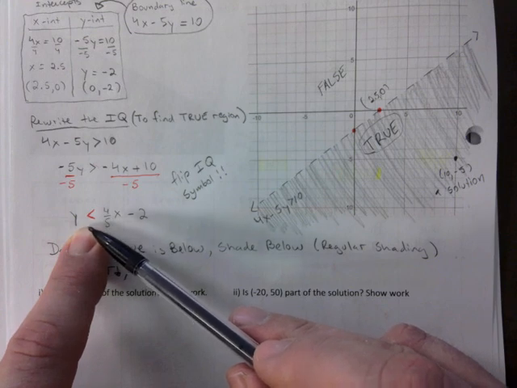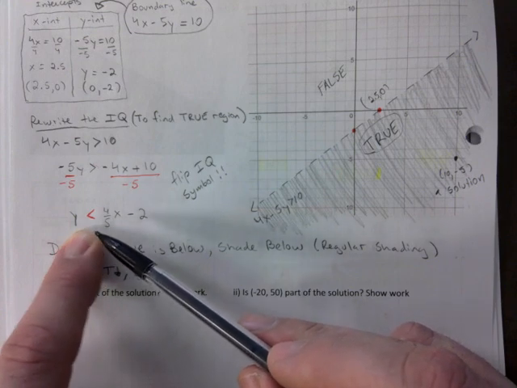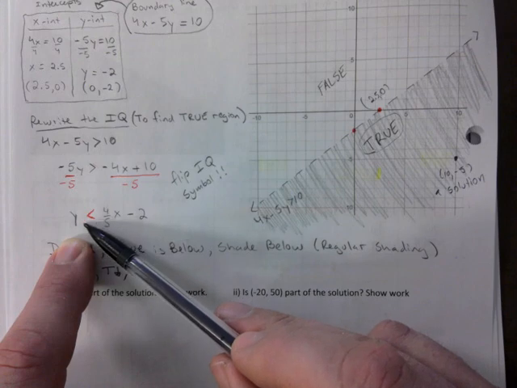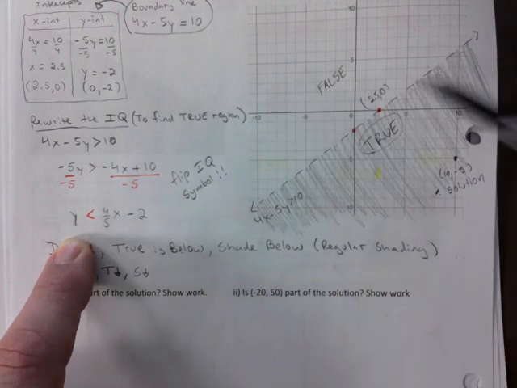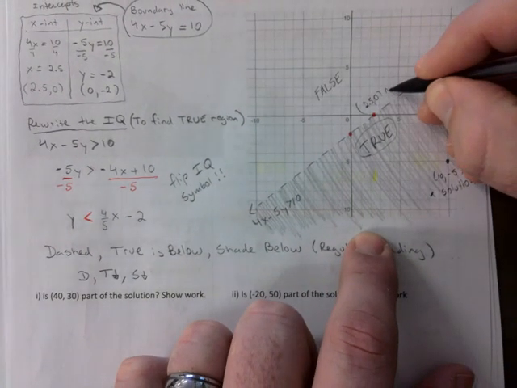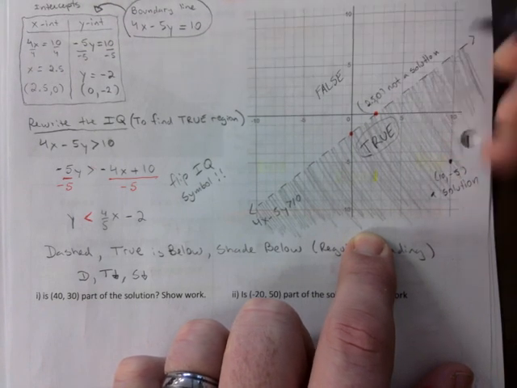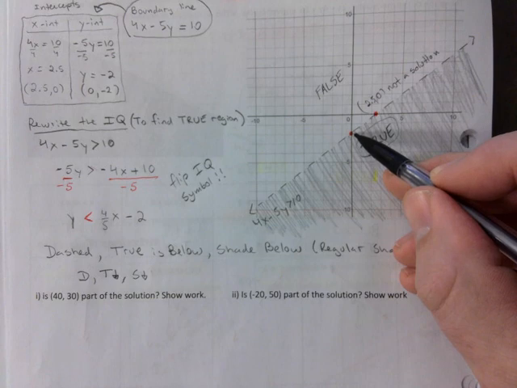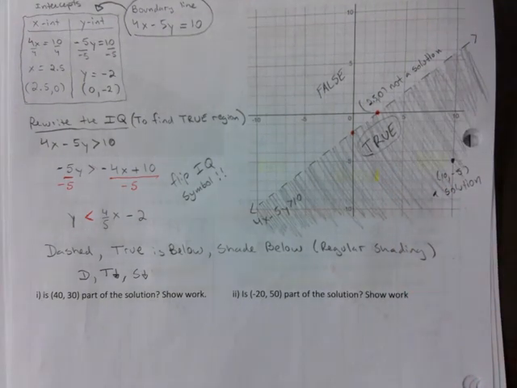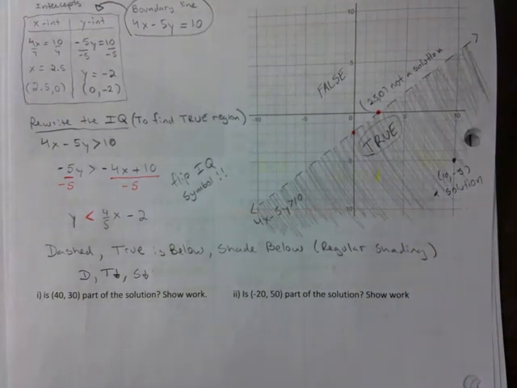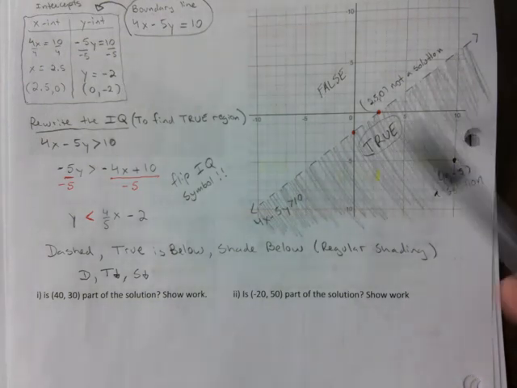The equal sign tells you the line is part of it. If there had been an equal sign underneath this, then yes. So is 0, -2 a solution? It's also not a solution. Anything on the line is a no-no in this case. But anything in the true region, for sure, okay?